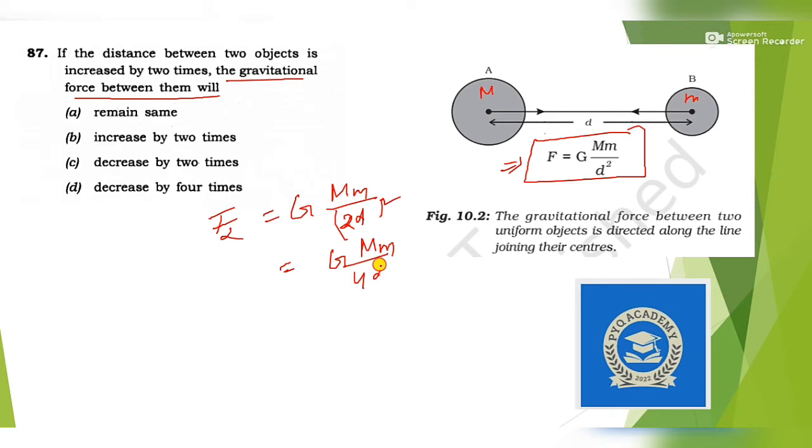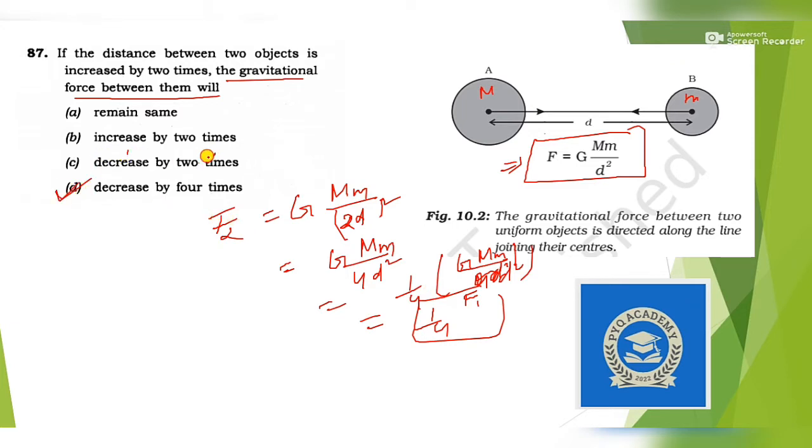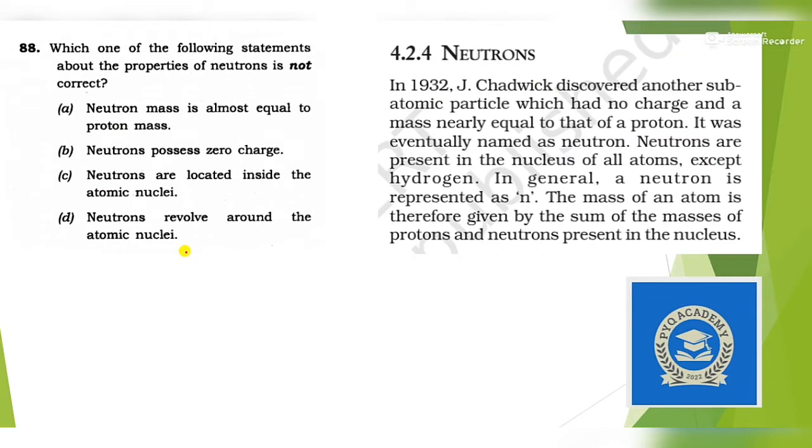That means 1 by 4 times the initial F1, so it decreases by 4 times. Not decreases by 2 times, not increases, not remains the same. Answer is option D.